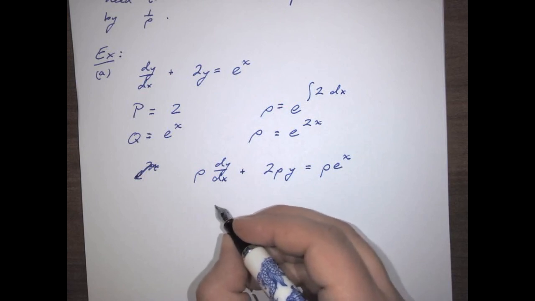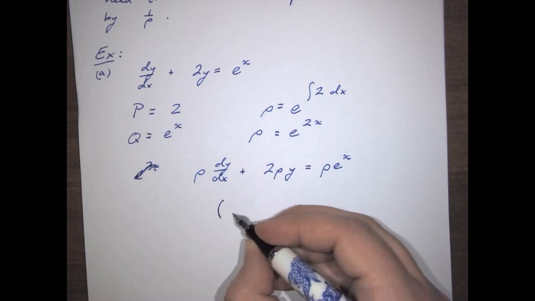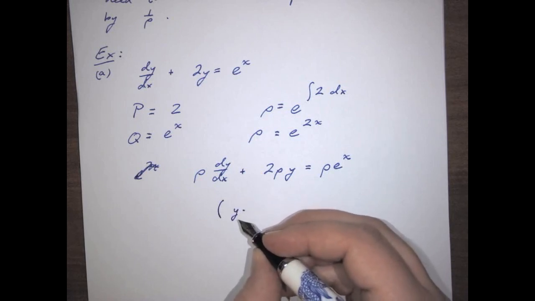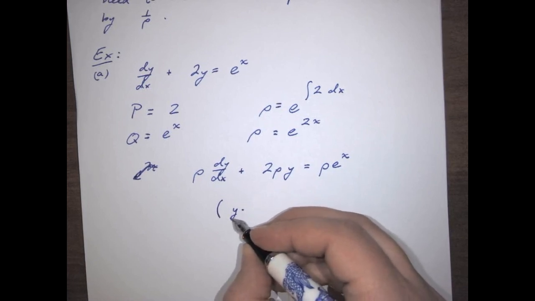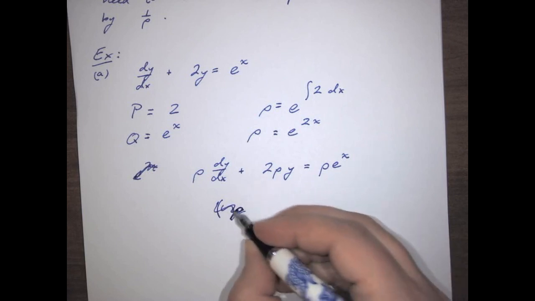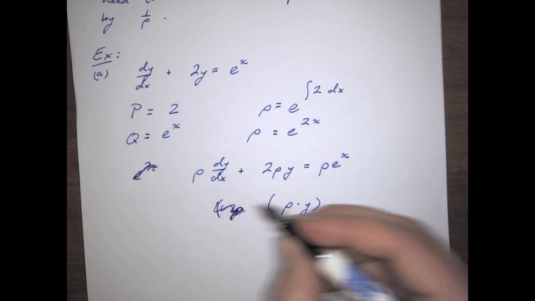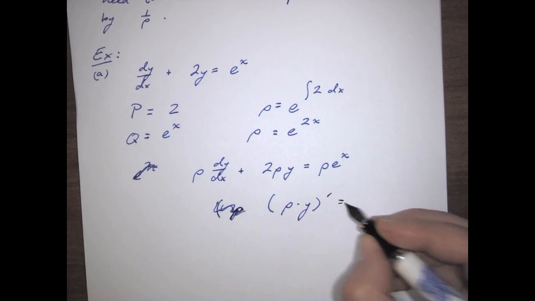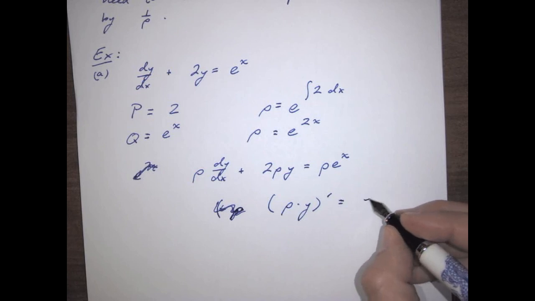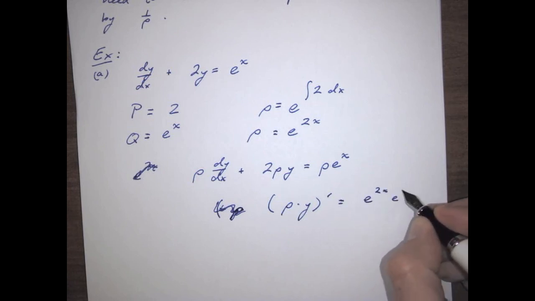So this all ends up collapsing down into just the derivative of rho times y, and that's equal to e to the 2x e to the x.